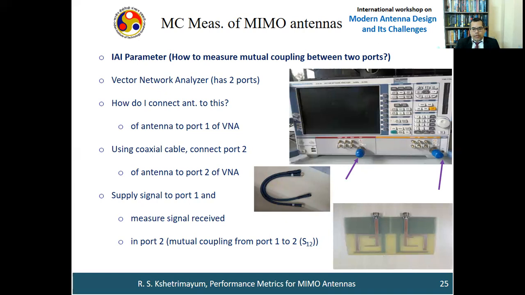We connect, using coaxial cables, port 1 of the network analyzer to port 1 of the MIMO antenna, and port 2 of the MIMO antenna to port 2 of the network analyzer. We send some signal from port 1 and measure how much signal is received in port 2. That is called the mutual coupling between port 1 and 2. In terms of scattering parameters, that is also called S12.